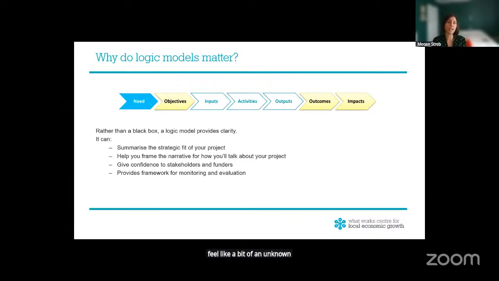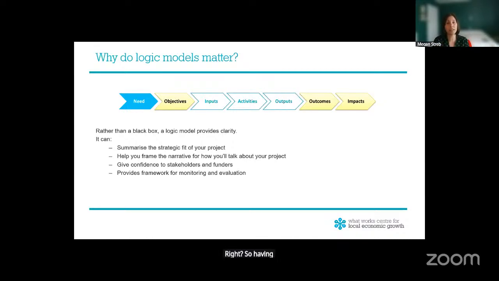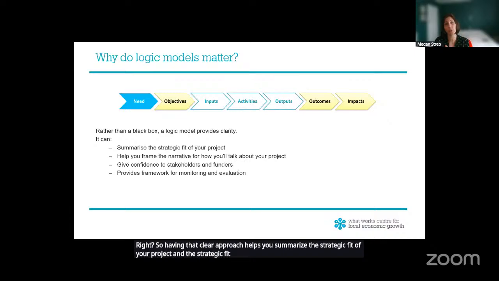So it lets you think through systematically whether the inputs and the activities are going to help you achieve the outcomes and impacts that you want to see, and in turn address the initial need that you'd identified, right? So having that clear approach helps you summarize the strategic fit of your project and the strategic fit of those individual activities within both the need and that change you want to see.